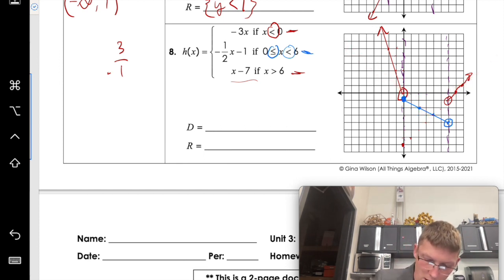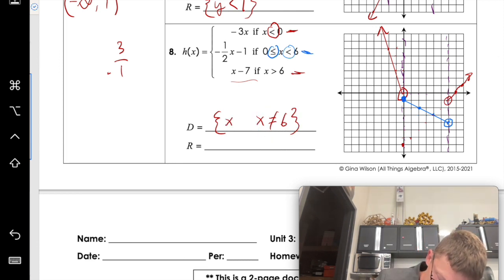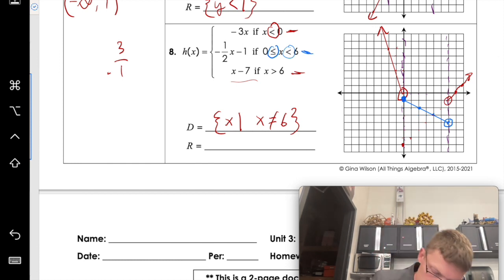So we can write our domain is x does not equal 6. And technically, if we wanted to be super mathematically correct, we would write x such that x does not equal 6. And that insinuates all values other than 6.